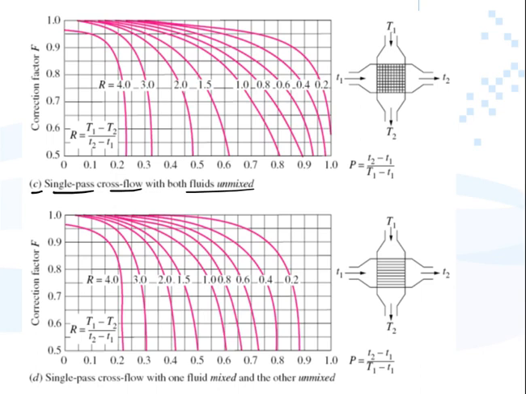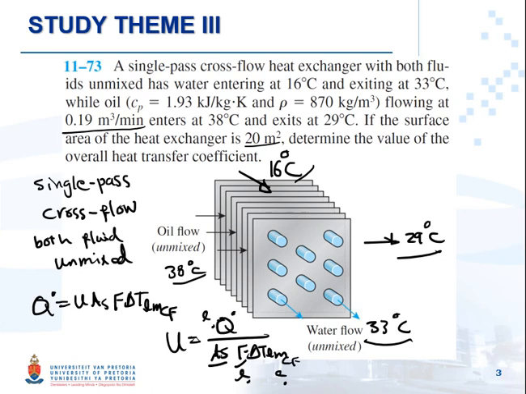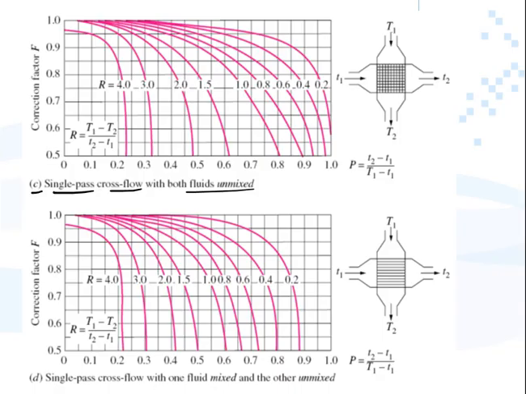Let's go back to the question and see if it's exactly the same. Single pass, cross flow, both fluids unmixed. So it's exactly the same. So this is the one that we need to deal with.